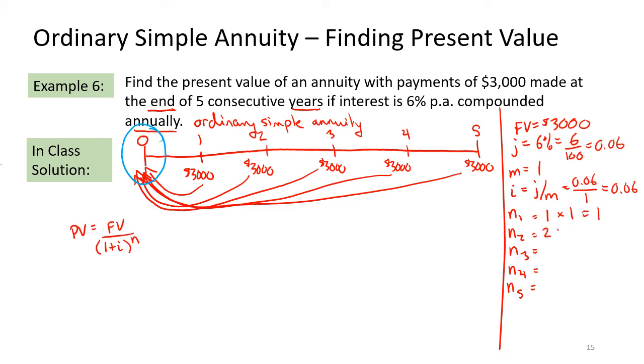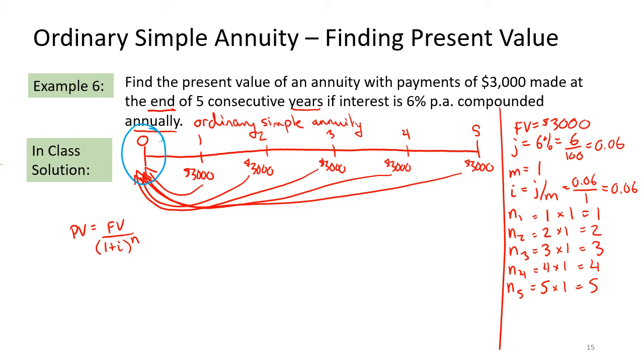N2 is 2 years times 1, which is 2. N3 is 3 years times 1, which is 3. N4 is 4 years in the future, so 4 times 1 is 4. And lastly, N5 is 5 years in the future, so 5 times 1 is equal to 5. So we just have to do these calculations for each of the 5 payments.